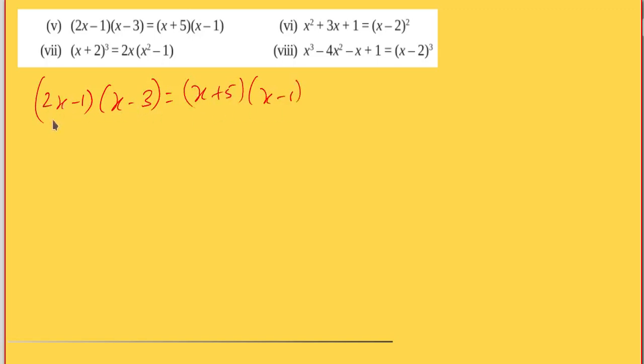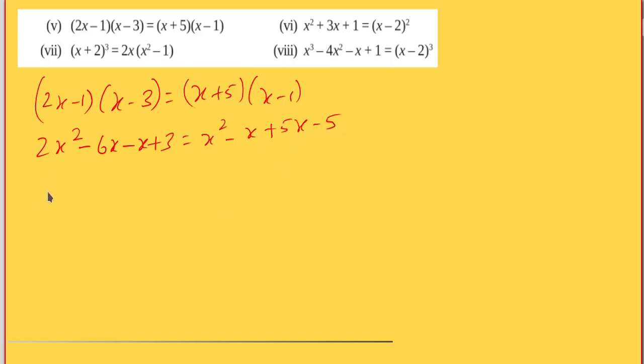If we multiply, we get 2x², and multiplying −3 gives −6x, with the 1 we get − x + 3. And here we multiply both: x into x becomes x², − x, and 5 into x becomes +5x − 5.